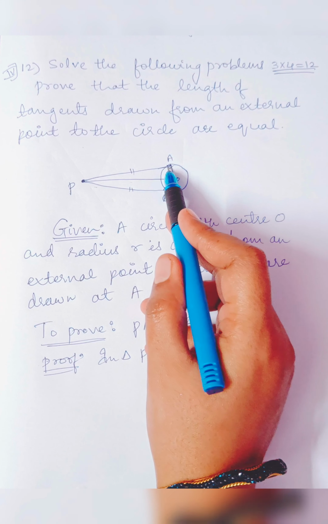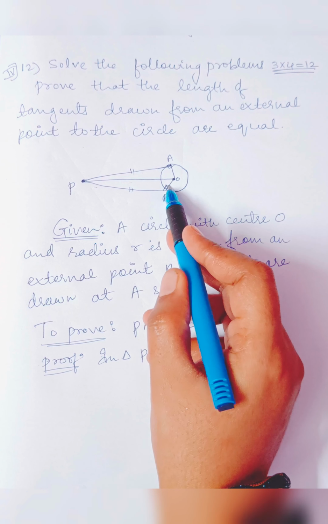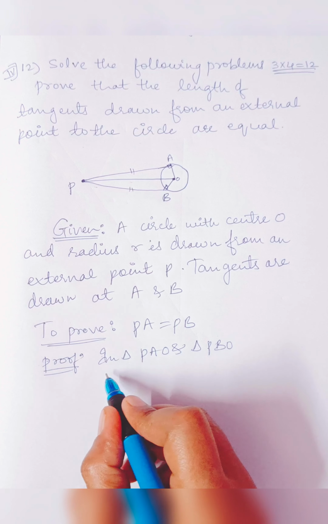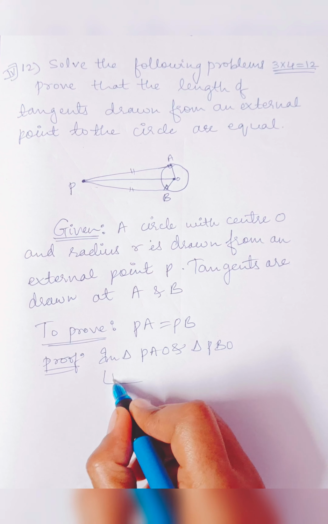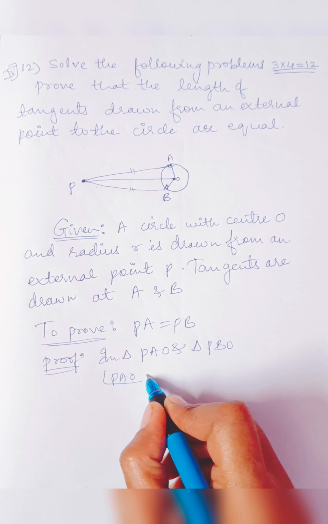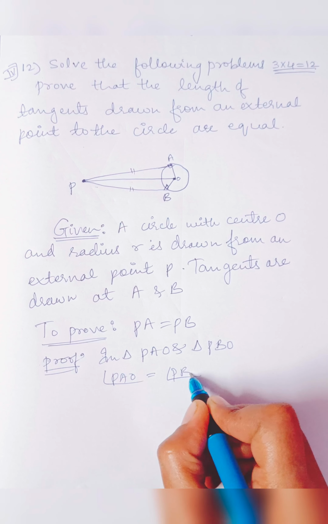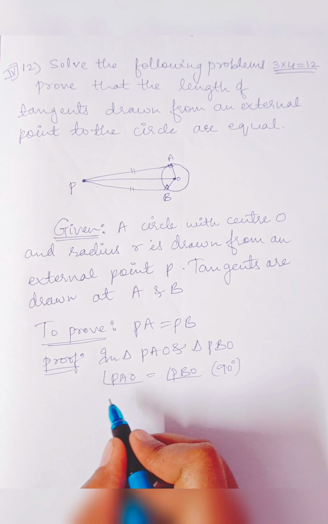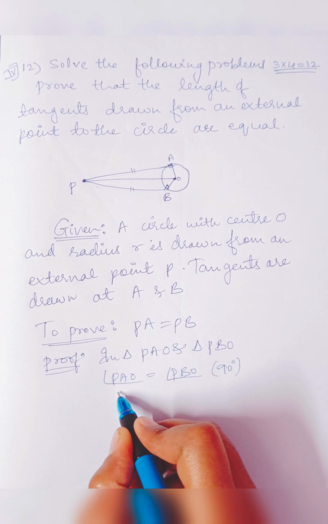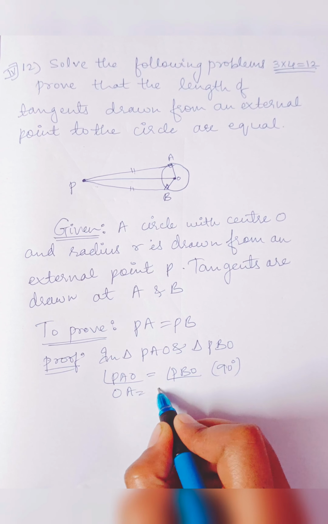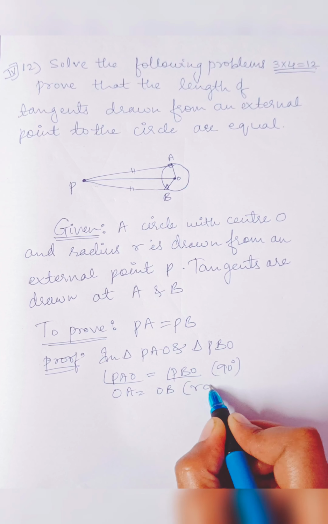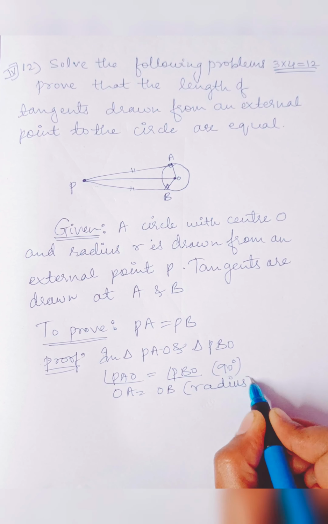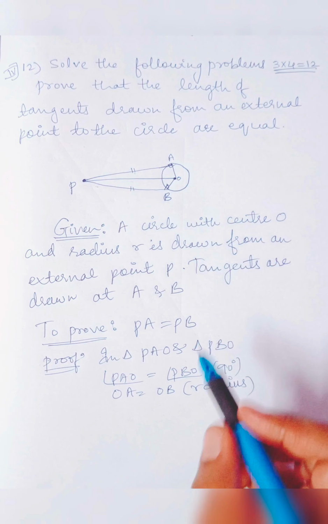First, this angle is 90 degrees and this angle is 90 degrees. That is, angle PAO is equal to angle PBO, it is 90 degrees. Next, OA equal to OB, it's the radius.